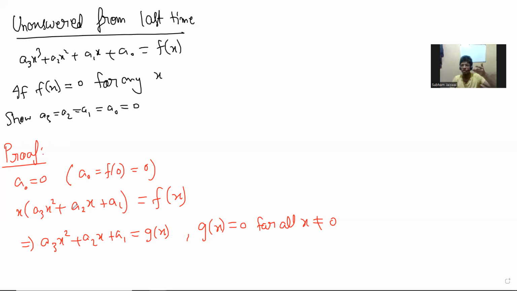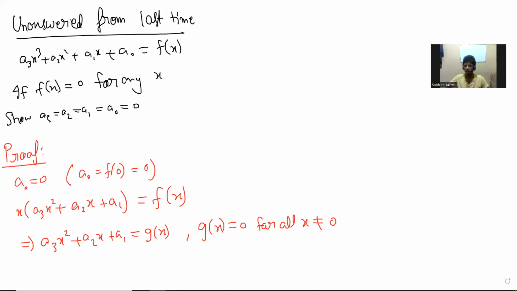No, say louder. No, you can take it as anything, but how do you use it to say that a3 is 0 or a2 is 0 or a1 is 0? If I've understood you correctly, yes, you can say that g(x) is 0 for x not equal to 0, but how do you use it?